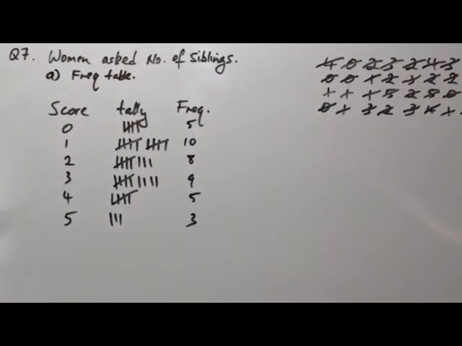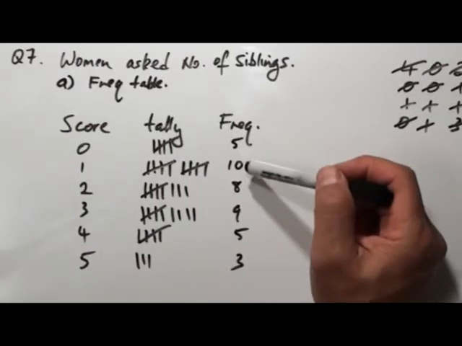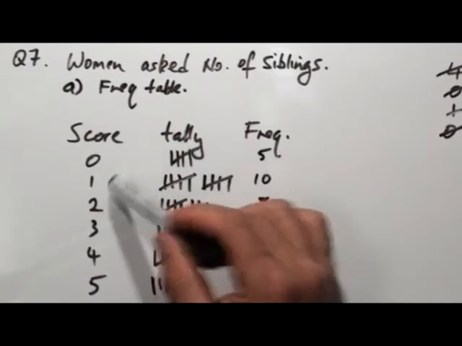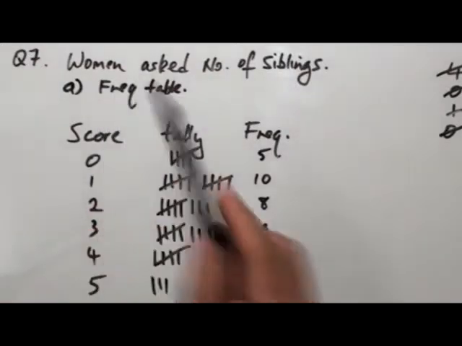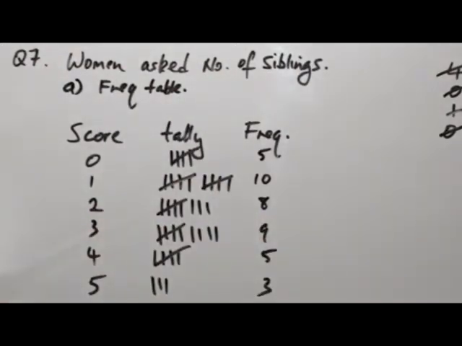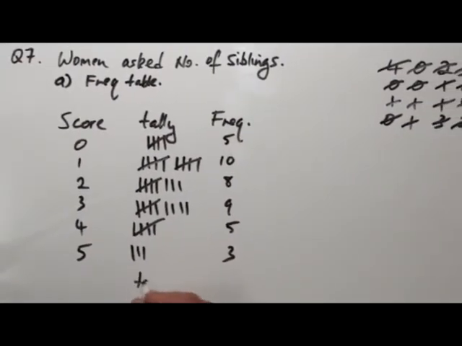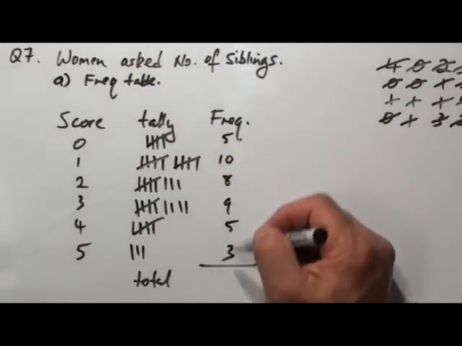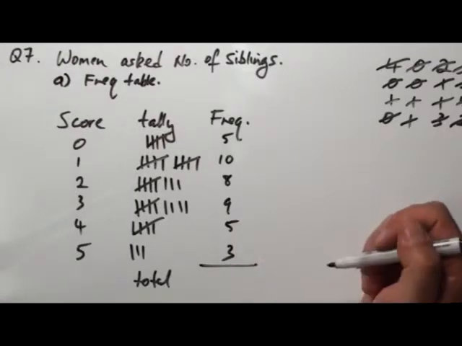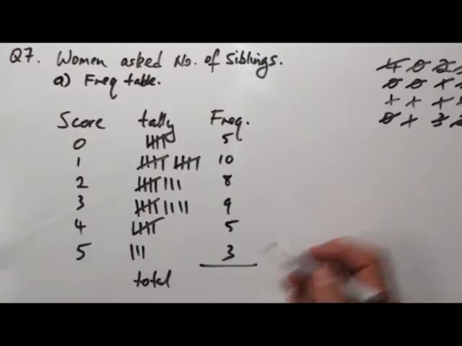What that means is that there are 5 women who have no siblings, 10 women who've got 1, etc. And remember we're asked to construct a frequency table, and normally we complete the frequency table by putting in the total, because we're not told how many women. When you add this up it tells you how many women all up were surveyed, which would be the same number of women that would be in our table here.